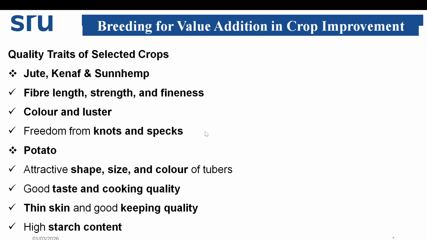So in case of potato, attractive shape, size and color of tubers, good taste and cooking quality, thin skin and good keeping quality, and starch content is high.